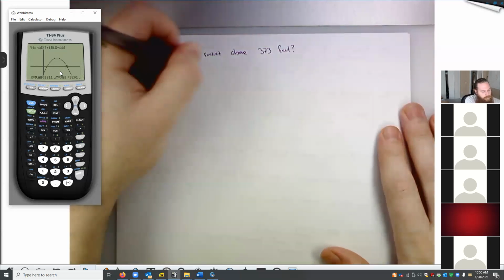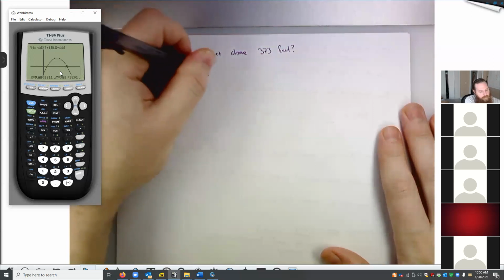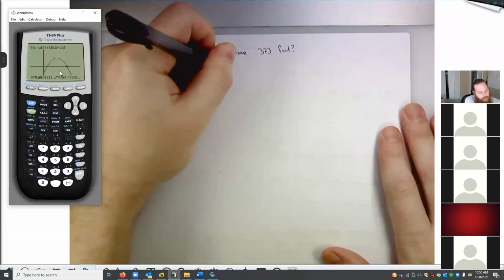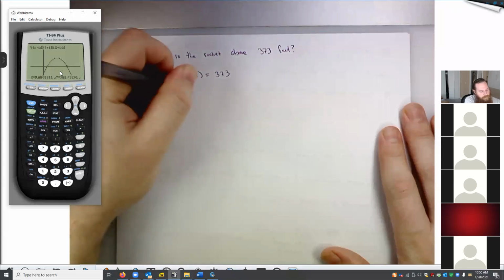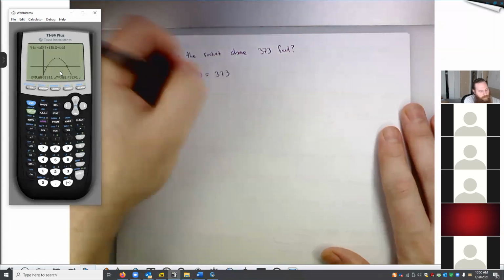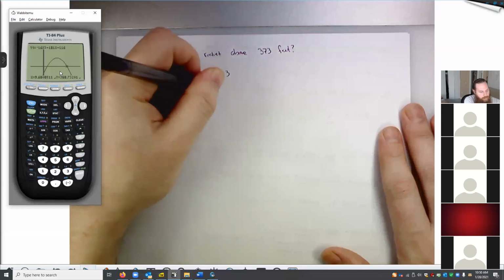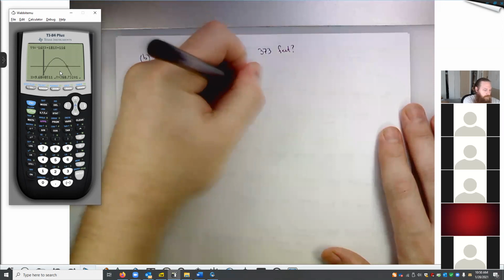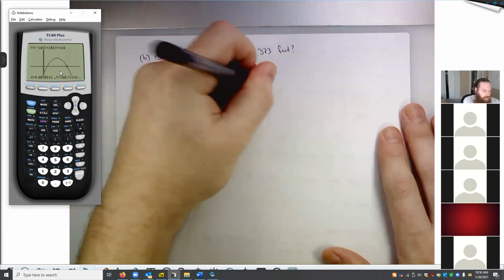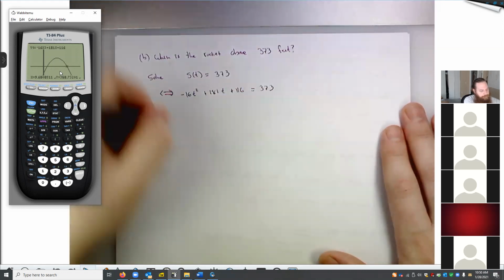So we need to solve the equation S of t equals 373. S of t, remember, is the function negative 16t squared plus 181t plus 116. So that's what we're setting equal to 373.